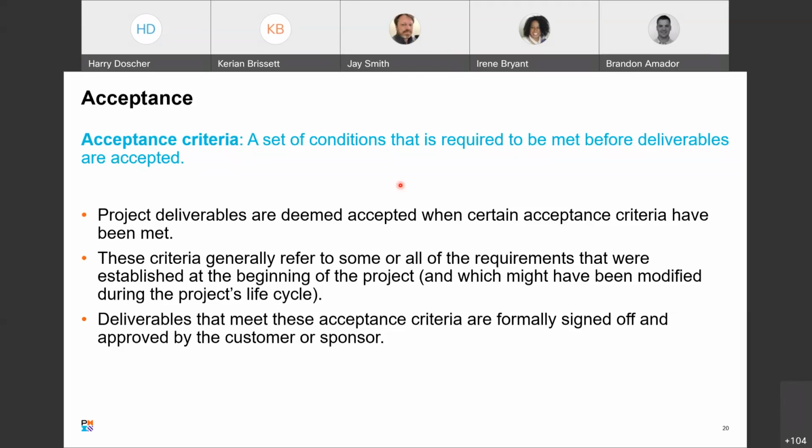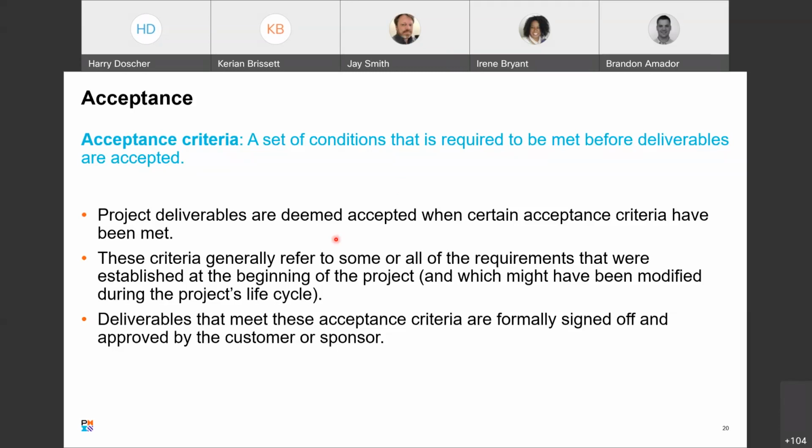And they have an idea of what is acceptable to the customer of the product. These criteria generally refer to some or all of the requirements that were established at the beginning of the project.